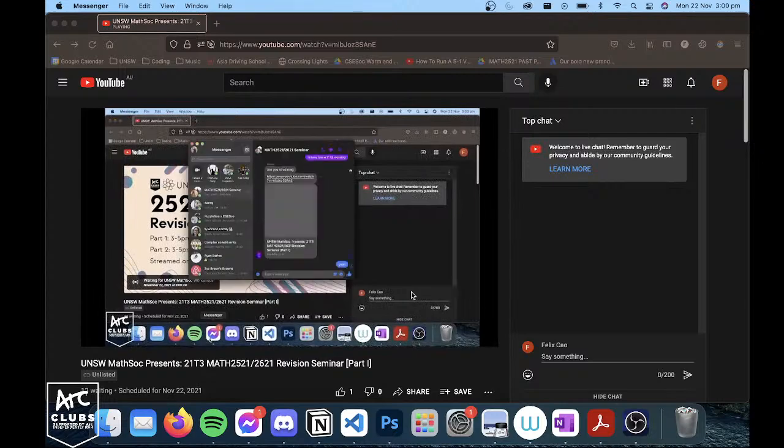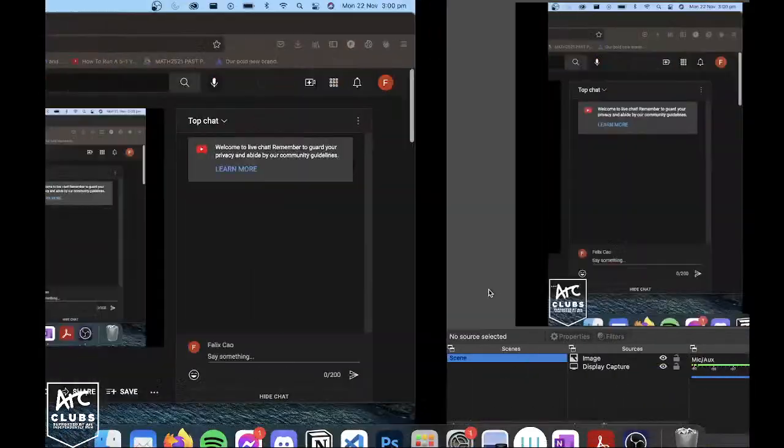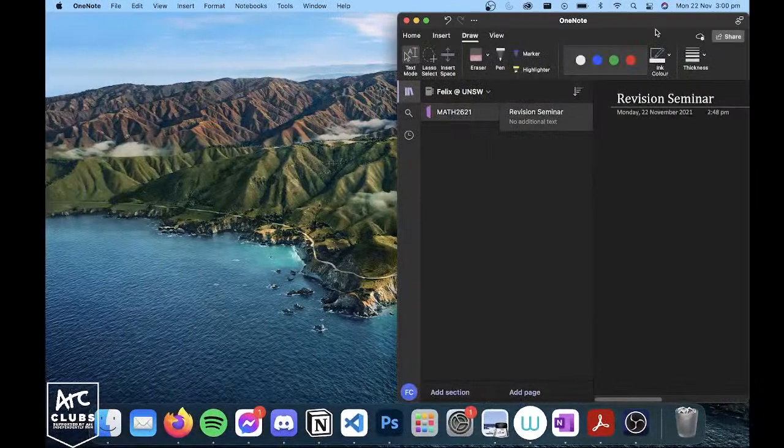Oh, okay, awesome. It's working now. Yeah. Okay, let's get started. So let me just set up my OneNote. This will be where I'll just start my camera.